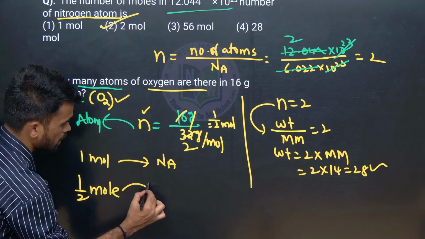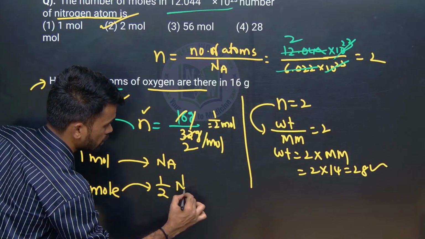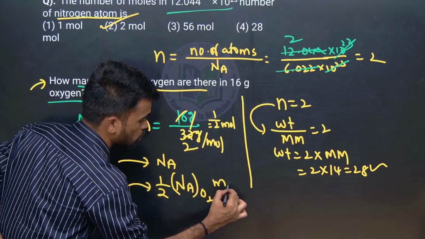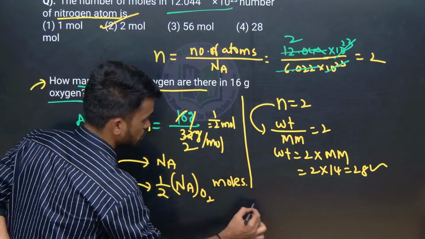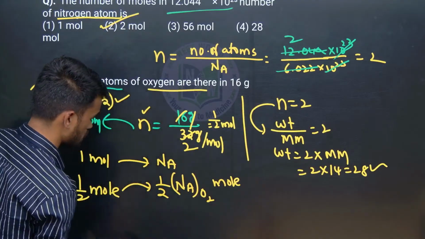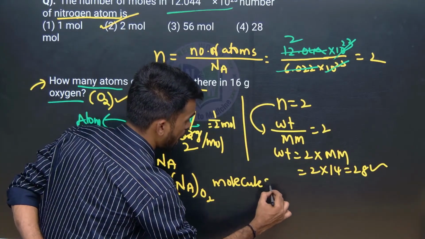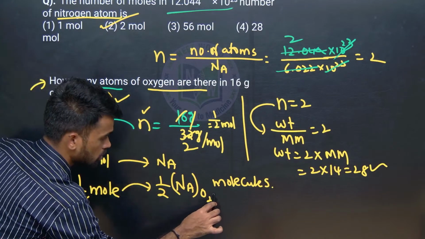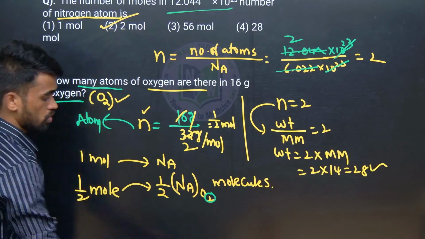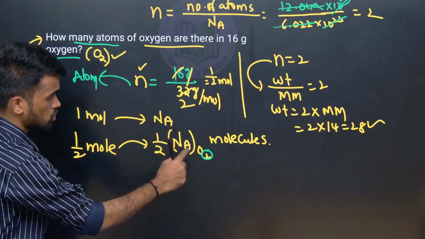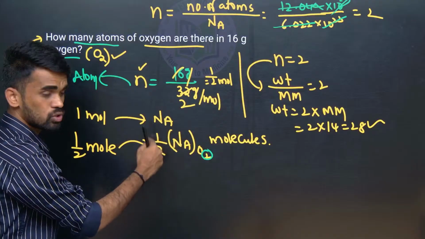It means I can say 1 by 2 moles of O2 molecules. This is molecule. What they are asking? They are asking atoms, not molecules. In one molecule, how many atoms are there? 2. So it means in one molecule 2 atoms are there, na? So we should multiply with this number, into 2.